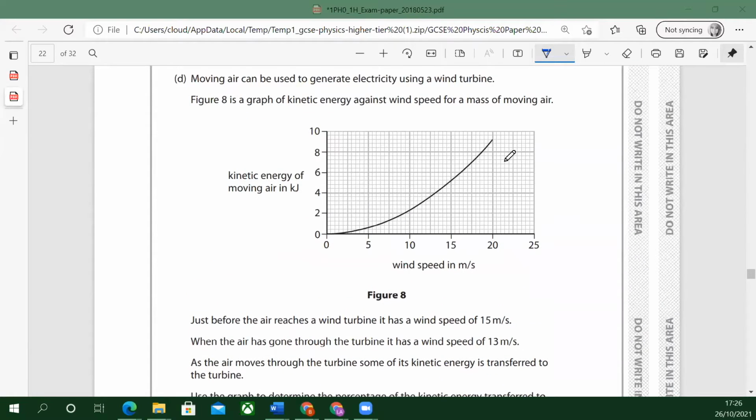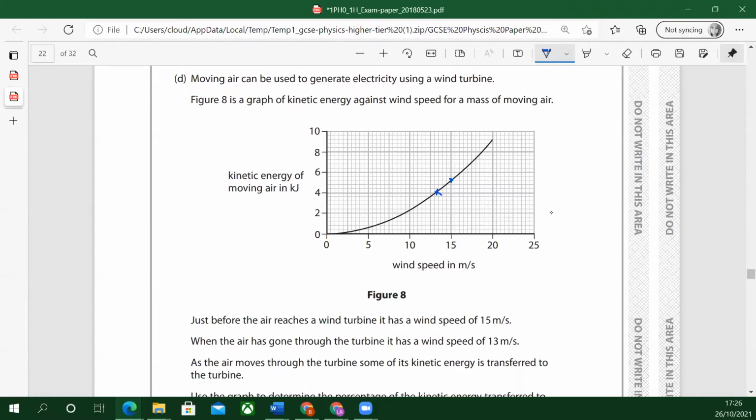Okay, so on this graph, each 2 squares represents 1. So we've got 15 there, and then 4 squares: 1, 2, 3, 4. So let's read across.